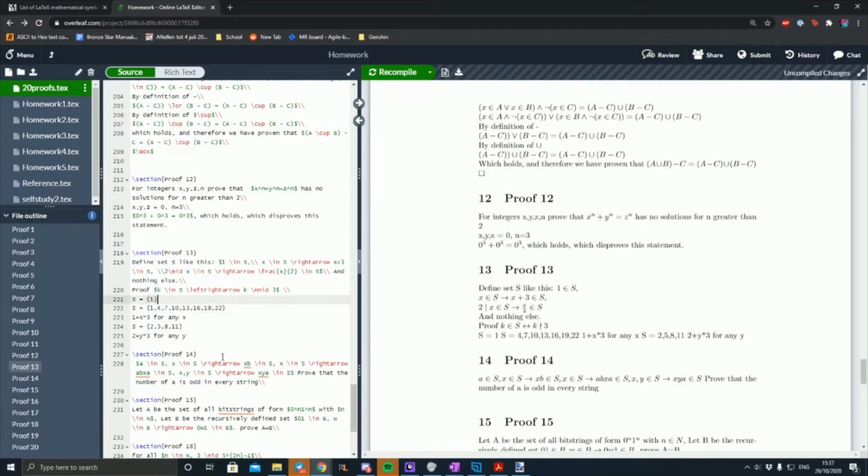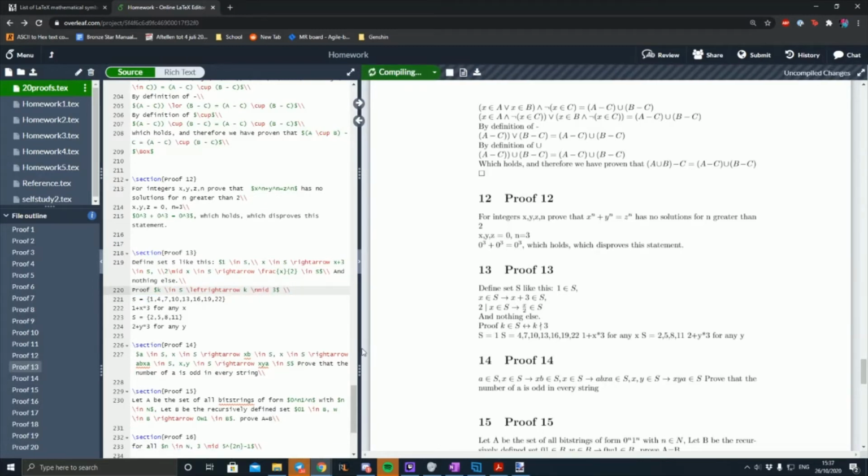One thing: the first line after proof 13, define set S like this. Shouldn't it be 2 is in S and not 1 is in S? Because if it's 1 in S, then the second recursive definition doesn't apply. It's basically the number 1, then 4, then 7.